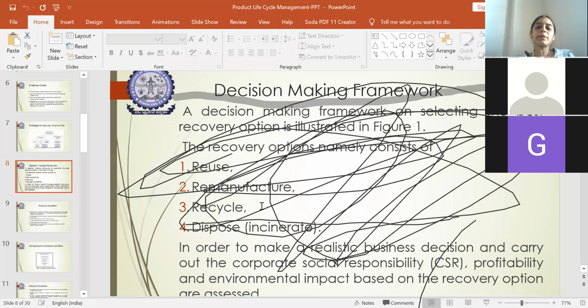That material could be used for recycling and use the same material for manufacturing some other part related to the design which has been drafted. And the last option is to dispose of the material, and this happens if it is not eco-friendly. Even though it is profitable, if it is not eco-friendly, then it won't be advised for remanufacturing or recycle or reuse. It has to be disposed.